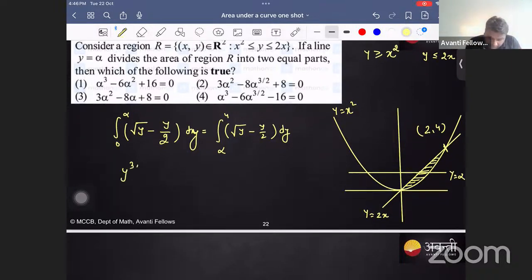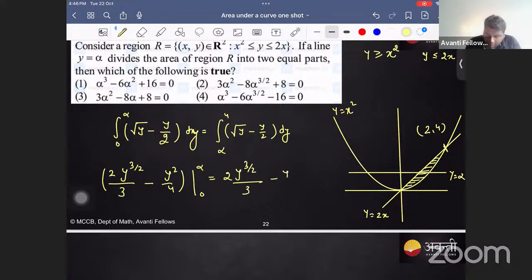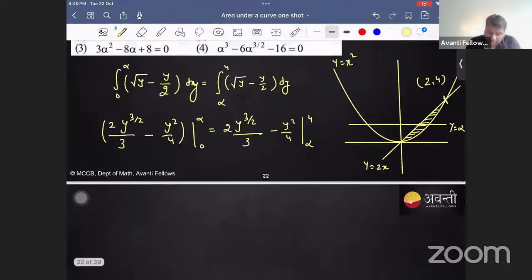It is y raised to the power 3 by 2 into 2 by 3 minus y square by 4. Limit 0 to alpha is y raised to the power 3 by 2 upon 3 by 2 minus y square by 4. And here the limit will be alpha to 4.